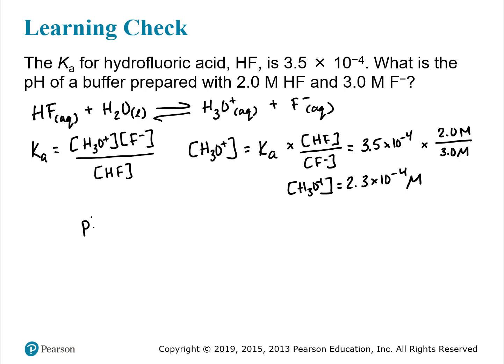Next, you have to figure out the pH, and that's the negative log of the hydronium concentration.